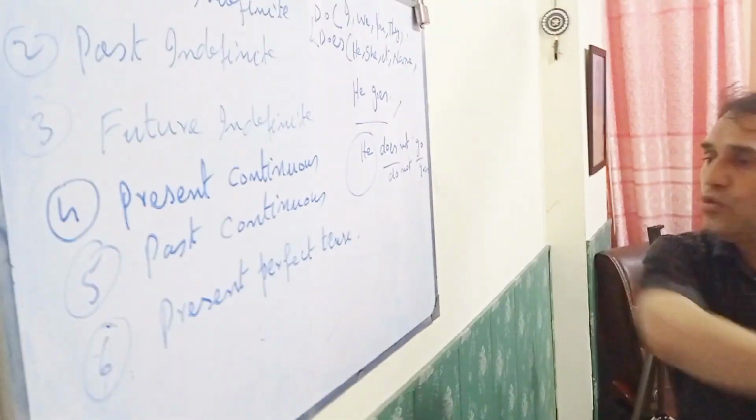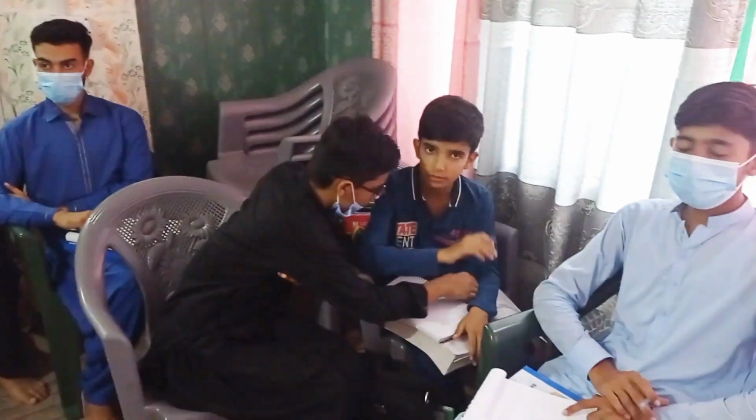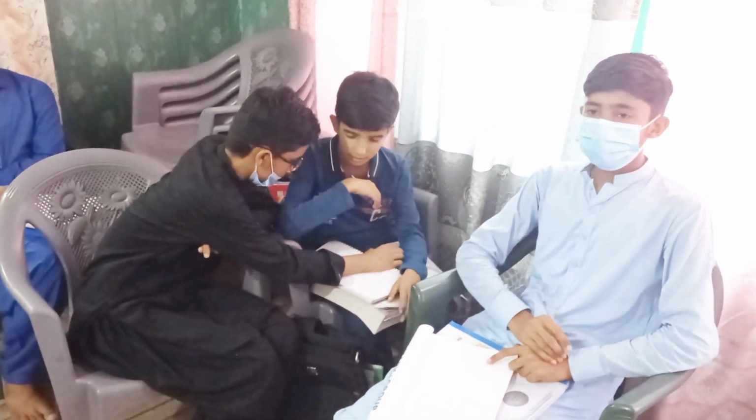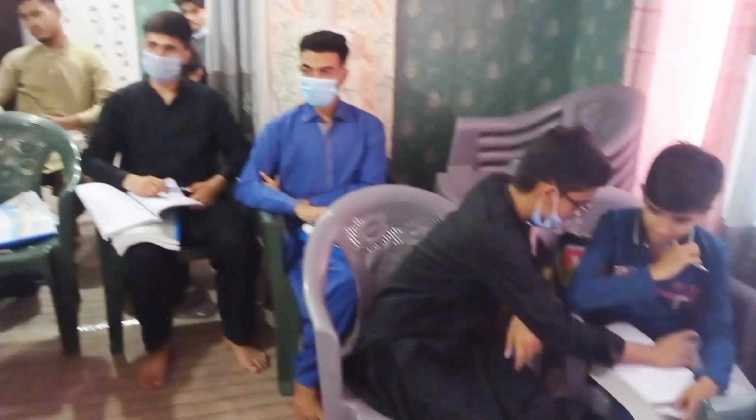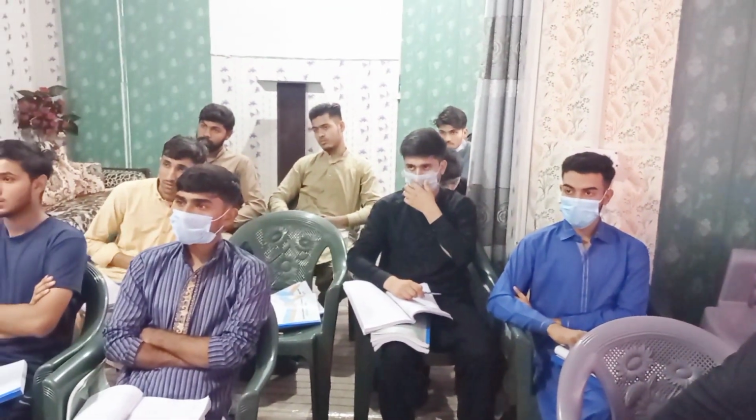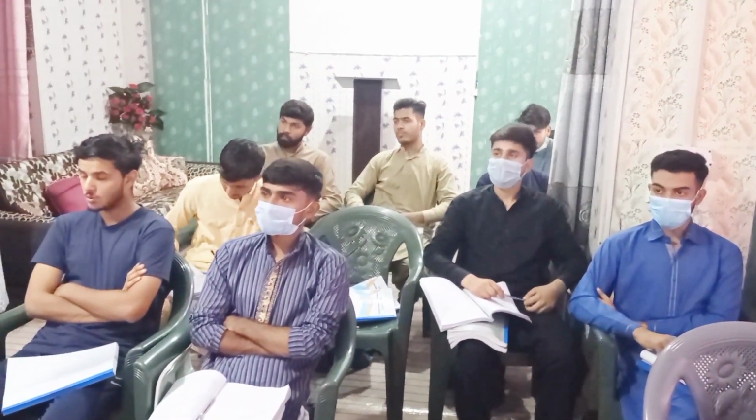Now this is a singular subject. Singular subject के साथ हम do लगाते हैं या does लगाते हैं? Does लगाते हैं. Well done. जब does लगाया तो ये es भी खत्म हो गया. This is the right one. This is wrong: he does not go. Now this one is present indefinite tense.